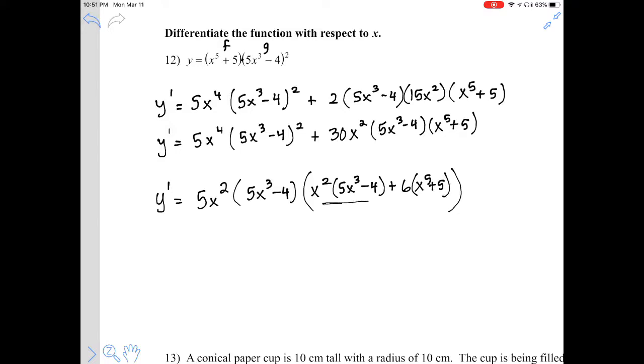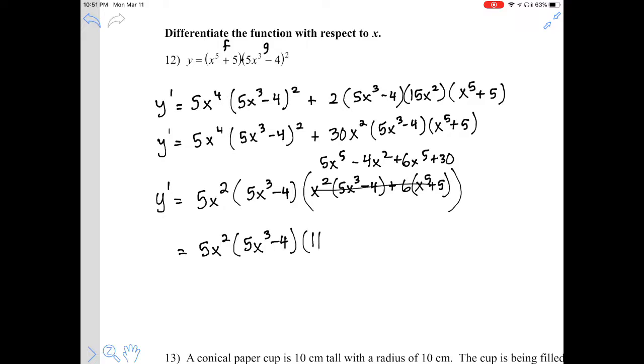So then multiplying together here would give 5x to the 5th minus 4x squared plus 6x to the 5th plus 30. So then we would have 11x to the 5th minus 4x squared plus 30.